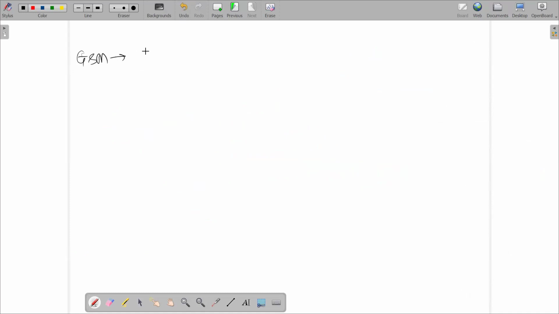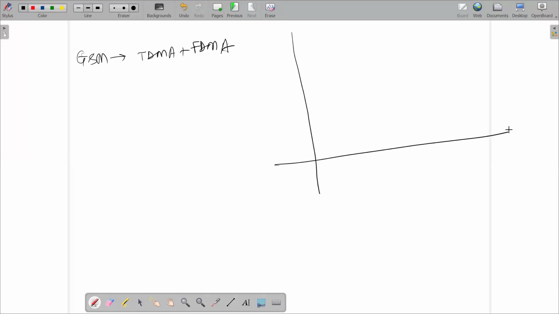So GSM uses TDMA plus FDMA underneath. If I take it in terms of frequency and time, it looks like this. This is the frequency domain, and here it is the time domain. The total bandwidth given to these services is 25 megahertz.